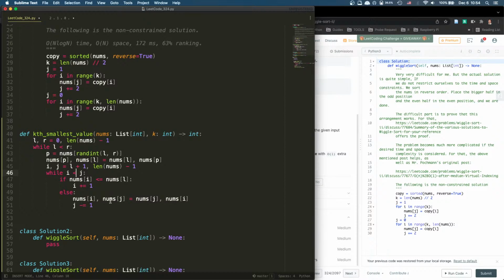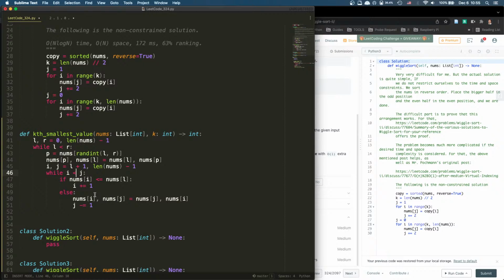Because this is so i and j swap, right? If position i is a big value, and position j is also a big value, we can swap, and I need to minus 1, right? Hold on. Let me think again.